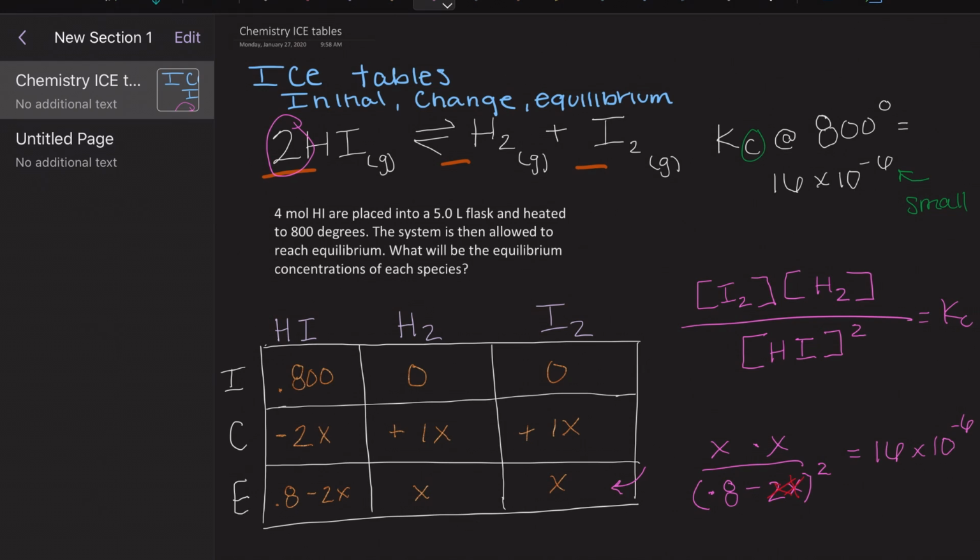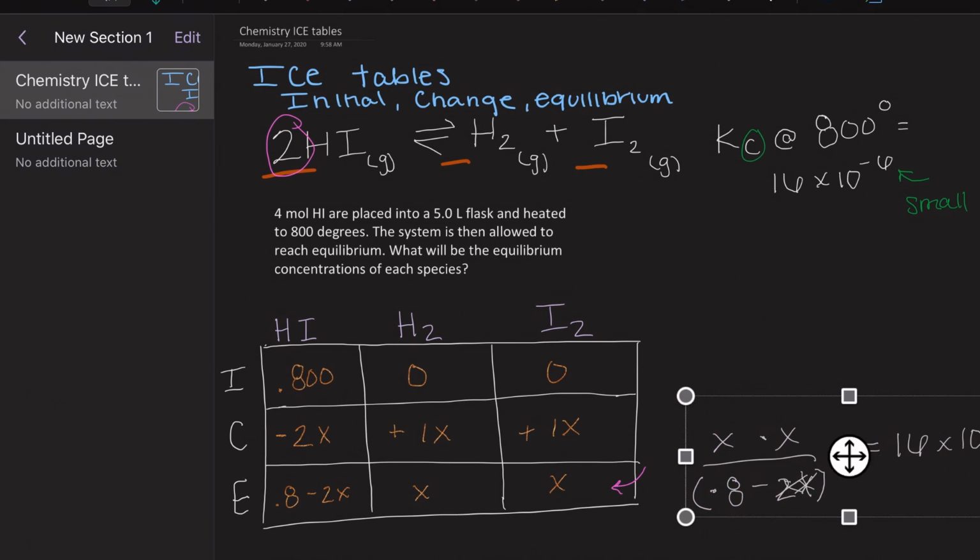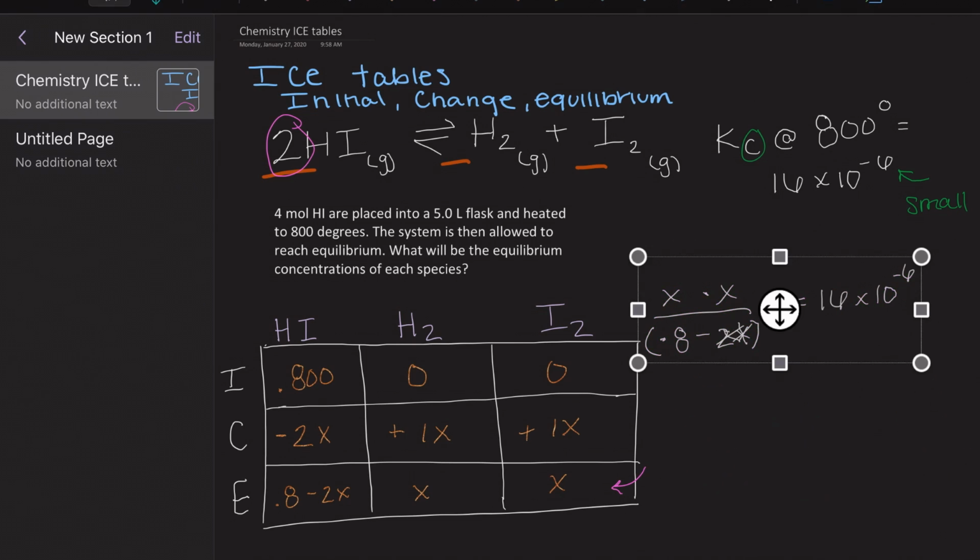So I'm going to move this up so you can see it, but we'll just solve the bottom with the 0.8.